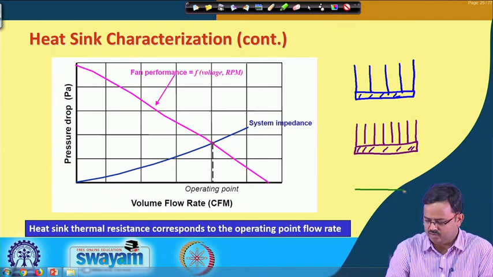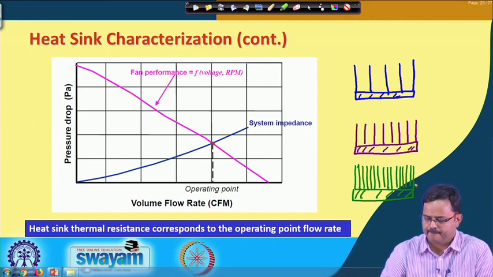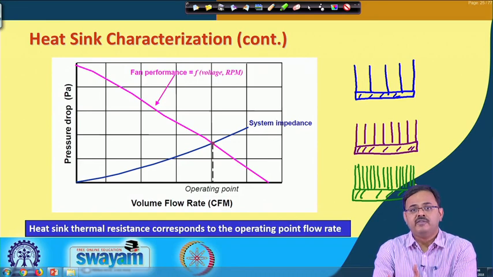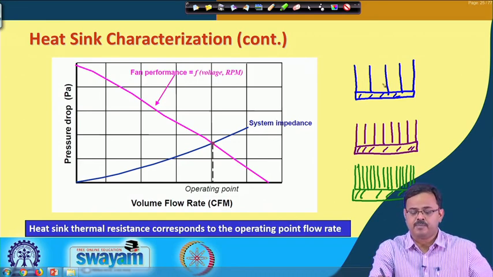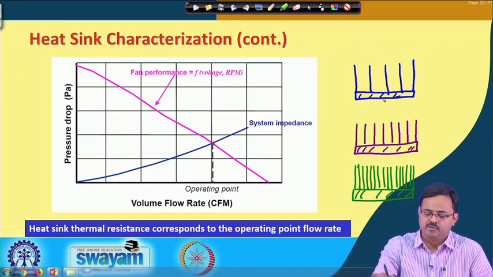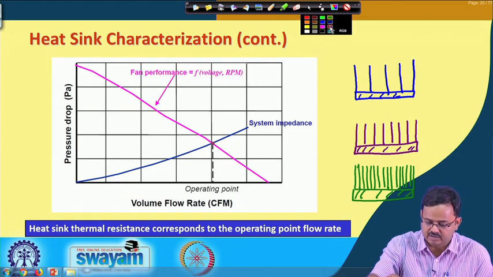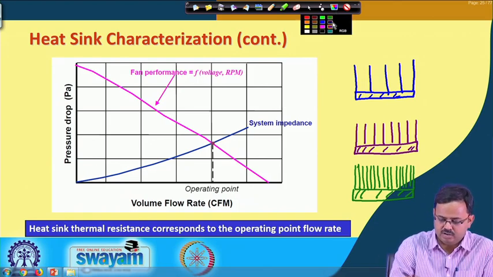I take one more. Right. So, what happens? For a given flow rate, the pressure drop of the blue one is going to be lowest, followed by this purple one, followed by the green one. So, therefore, now if I plot the system resistance curves, how will it look?